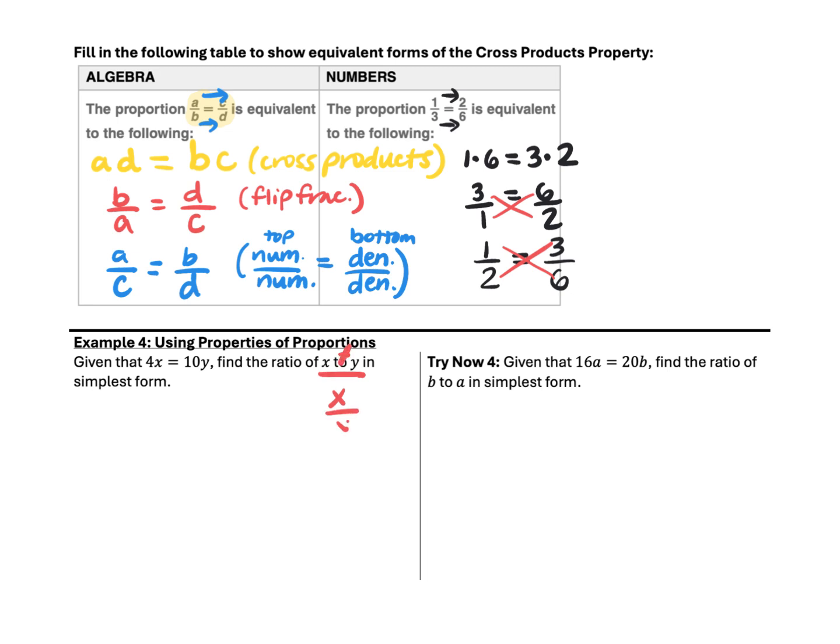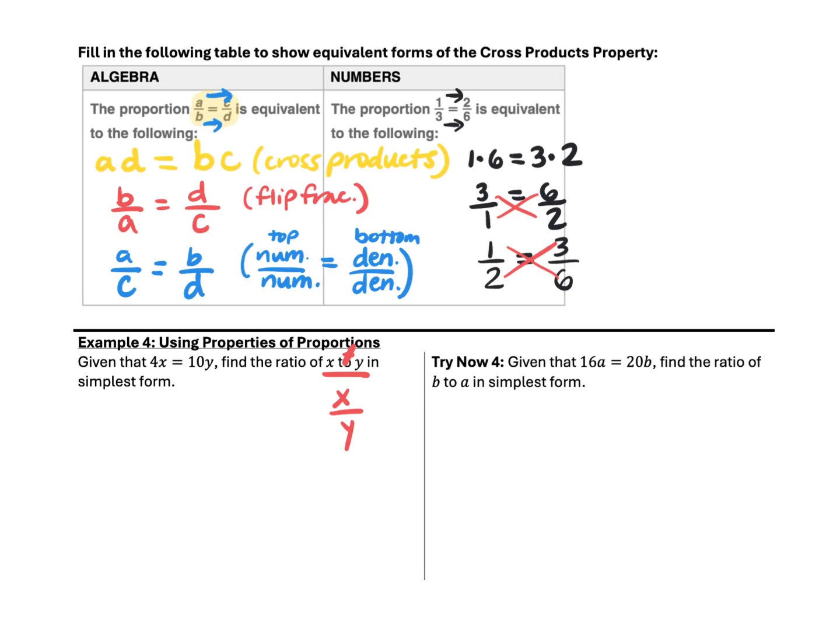So x to y, I need the x to be at the top, and I need to get y to the denominator. So I'm going to keep that in mind here when I decide how I'm going to rearrange these things. So if I want to get y to the denominator, I need to divide by y. So now over here, I have the x over the y.